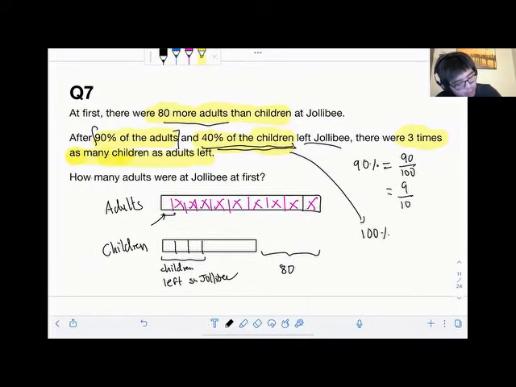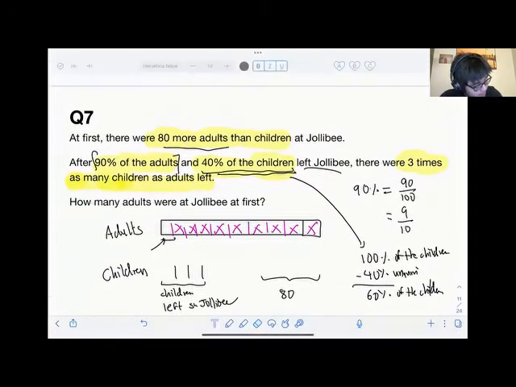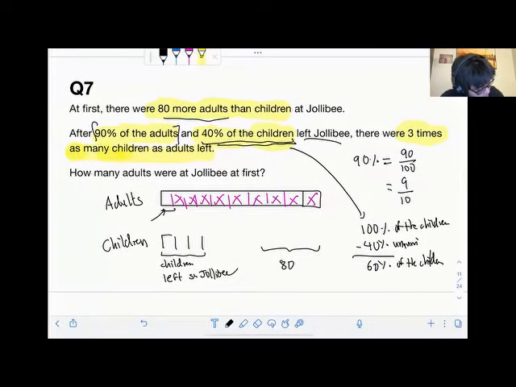Kung 100% of the children, 40% yung umuwi, yung natira 60% of the children. So if 3 boxes is 60%, yung 100% niya ay 5 boxes. Let me draw that in.